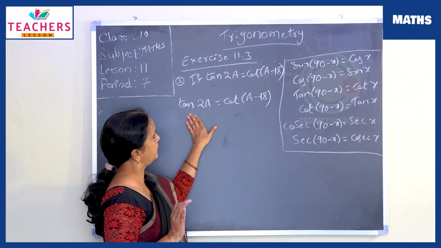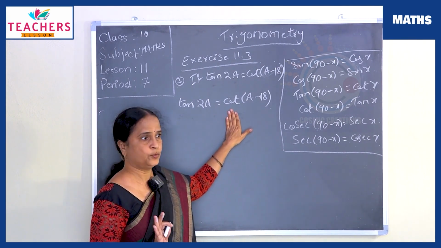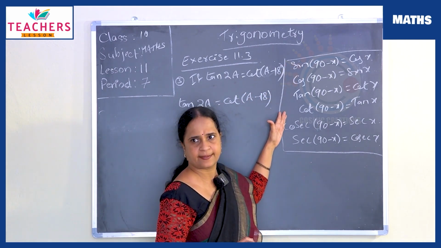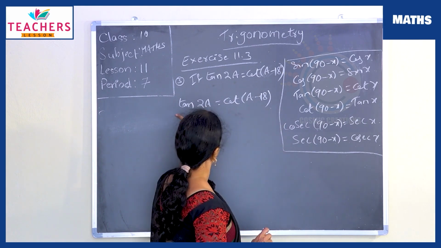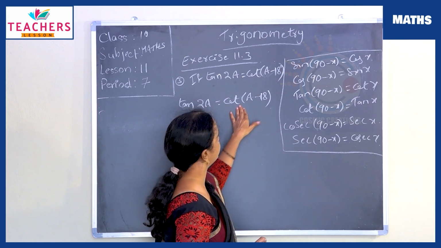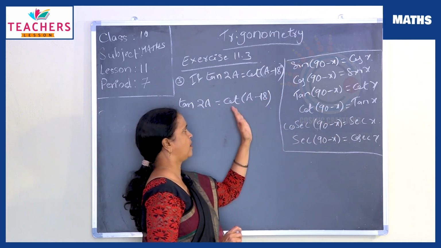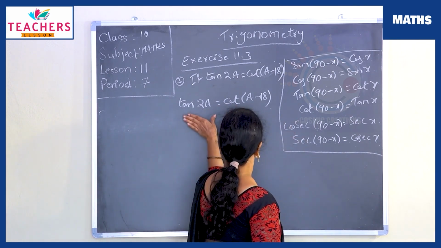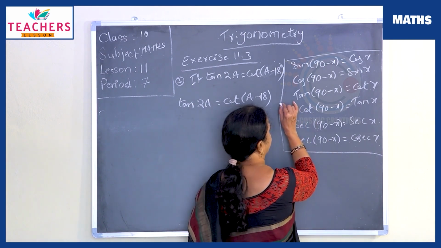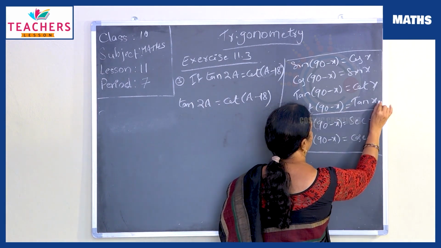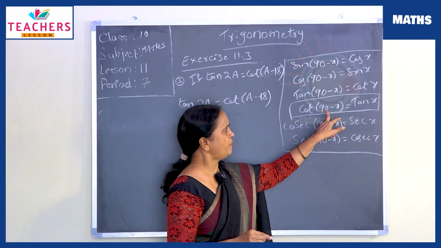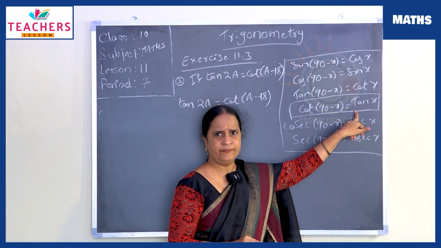We can write tan in terms of cot by using these complementary angles. If you want, you can write cot also in terms of tan, but here I am writing tan in terms of cot. Just see this one: cot of 90 minus x is equal to tan x.